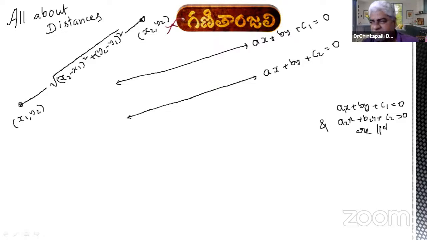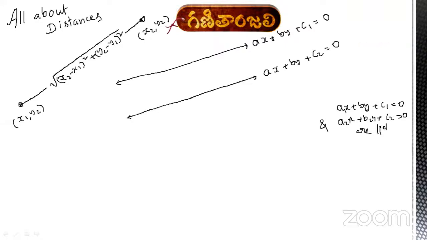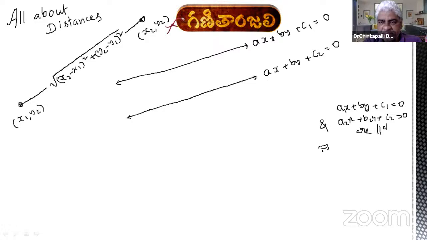You know, this is the symbol for parallel. If and only if a1 by b1 is equal to a2 by b2, and c1 by c2 not equal.